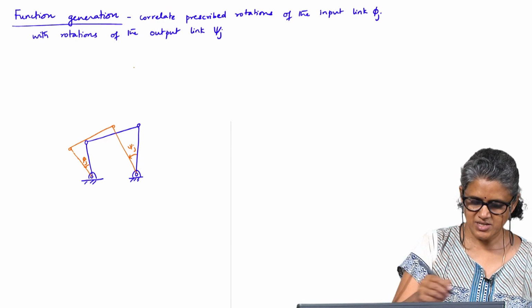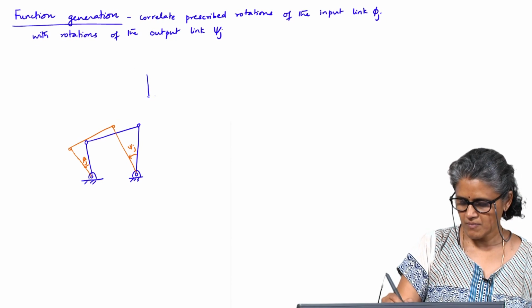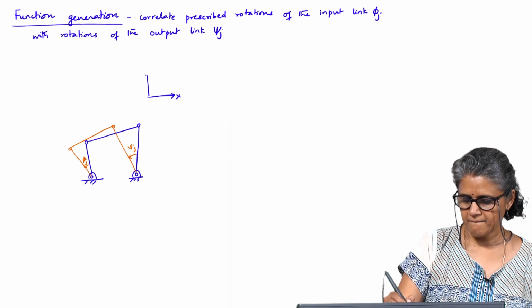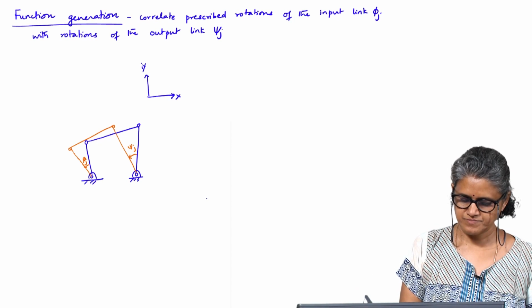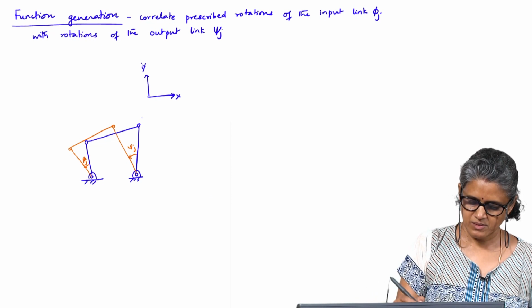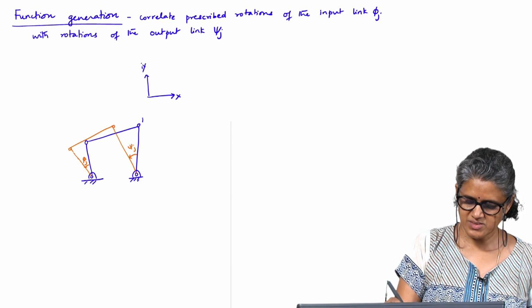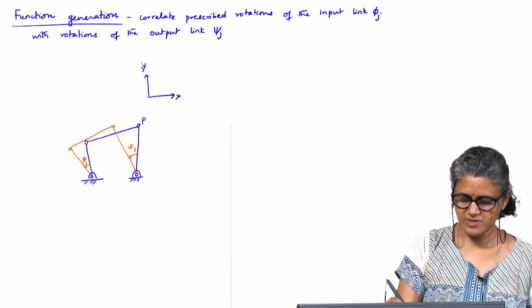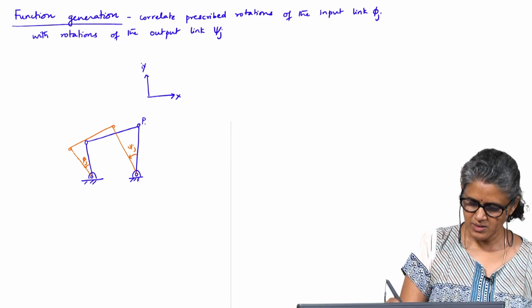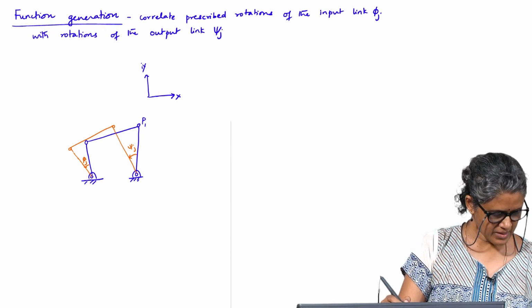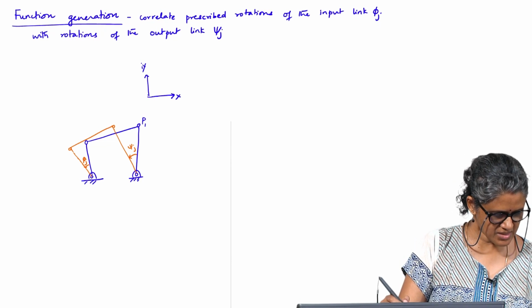So, I could essentially take this as my point P. This is also on the coupler, okay, P in the position 1, and then see how I can set up the loop.